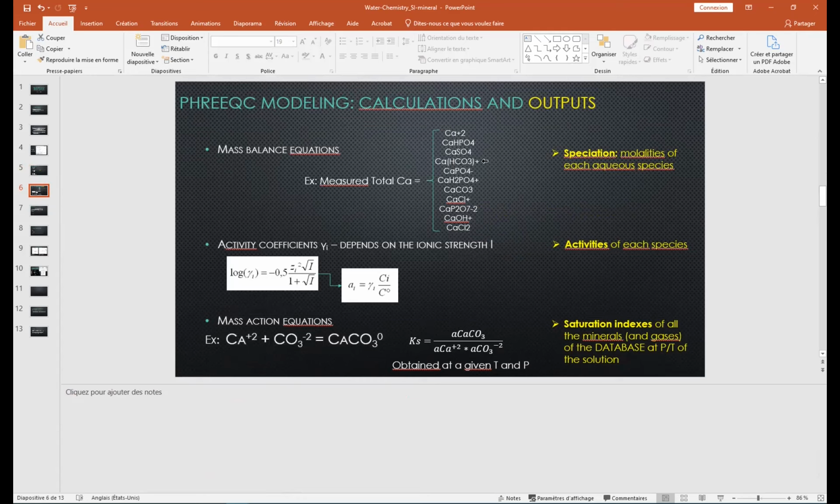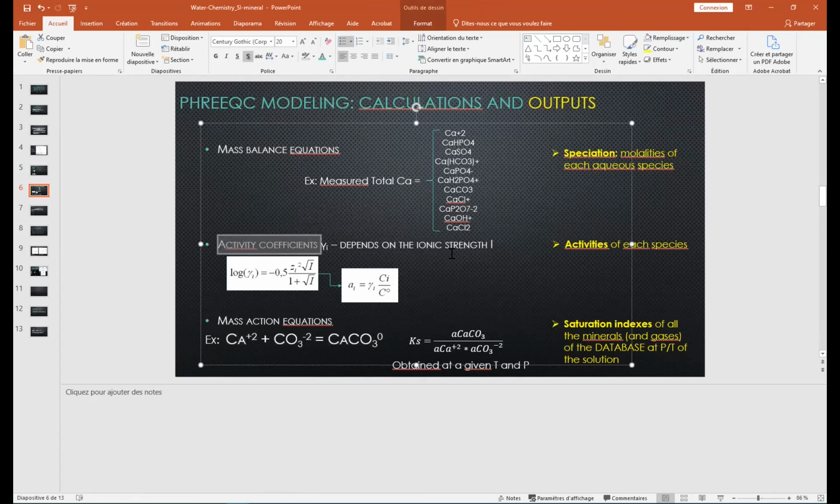Based on the calcium concentration you enter, it will calculate all the different speciations of calcium in your solution, based on the equilibrium equations of reaction between phosphate and calcium, calcium and sulfate, etc. It will also calculate the activity coefficient of all the species you have, based on this equation, where Z is the charge of the element you're analyzing and I the ionic strength of the solution.